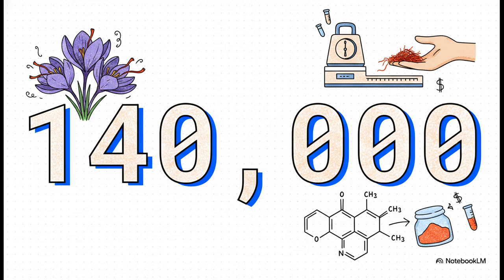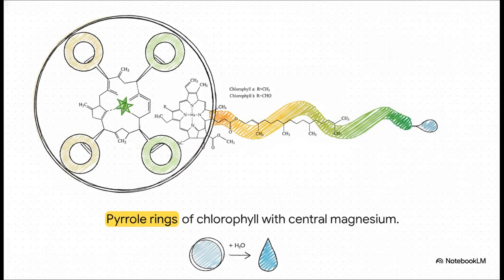Because of this massive agricultural requirement, saffron costs around $1,000 per kilogram. And that incredible cost really dictates its application. Food technologists use it extremely sparingly. It acts not just as a colorant, but as a very specialized spice to deliver its characteristic flavor through compounds like picrocrocin and safranal.